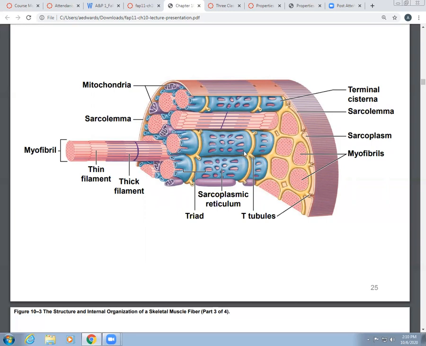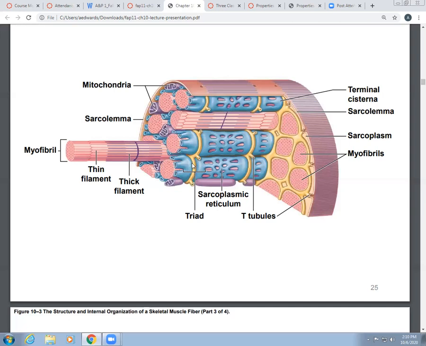On the ends of the sarcoplasmic reticulum, you have the terminal cisternae. These are the T-tubules. If you're creative, you can see that you make this line going here and this line going right there. That makes kind of like a little T. Okay, so that's your T-tubule or transverse tubule.